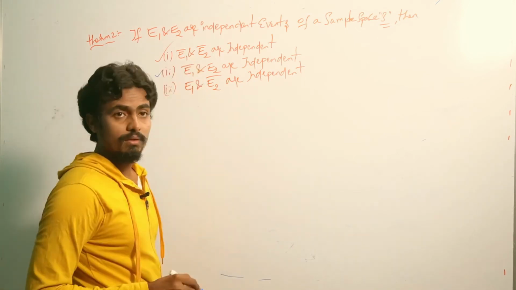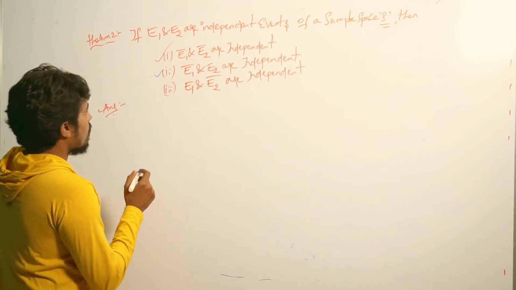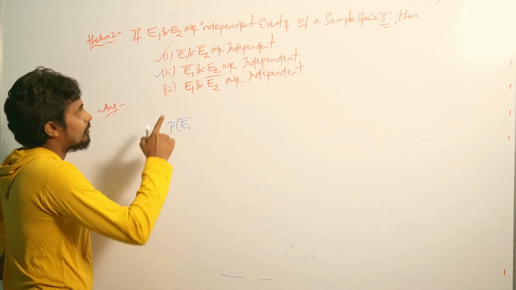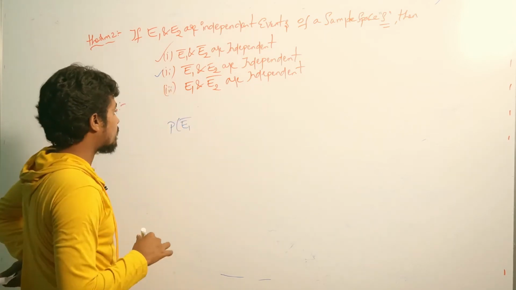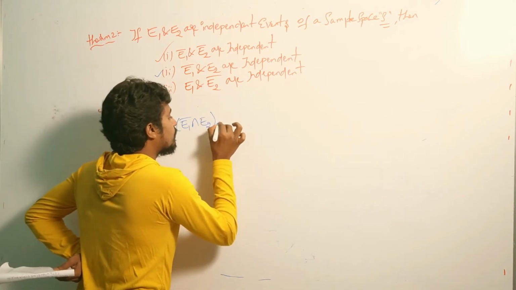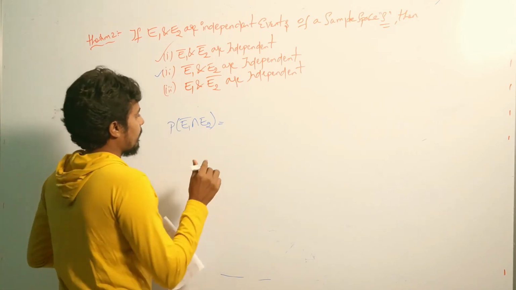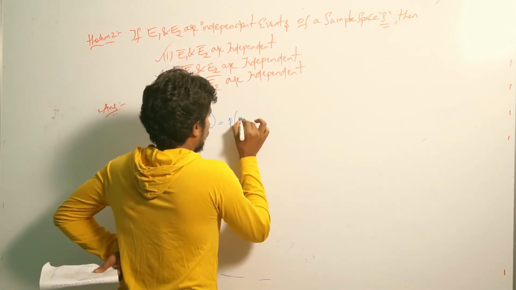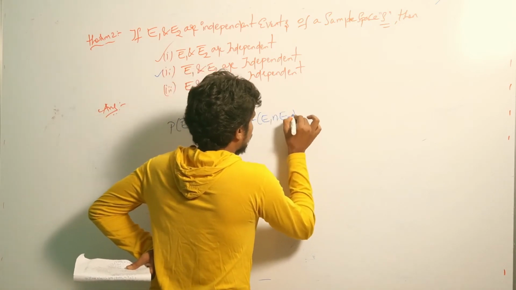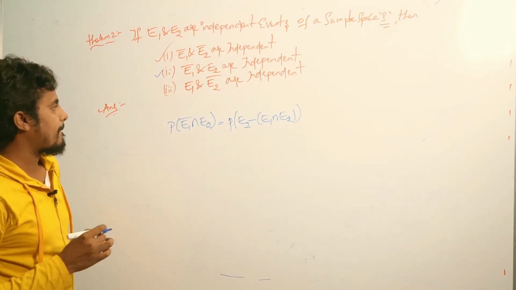What will be given here? P of E1 bar, if you see the 'and' symbol, you just put the intersection, intersection E2. That will be equal to P of E2 minus E1 intersection E2, right?